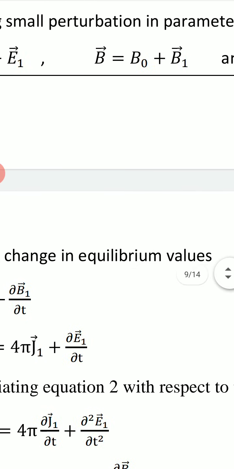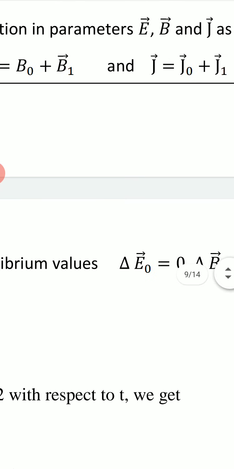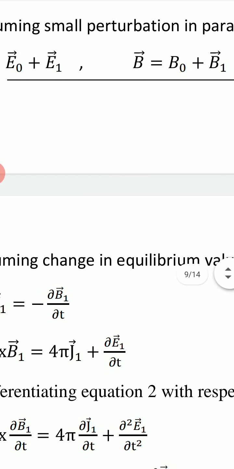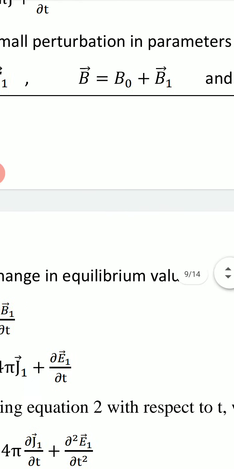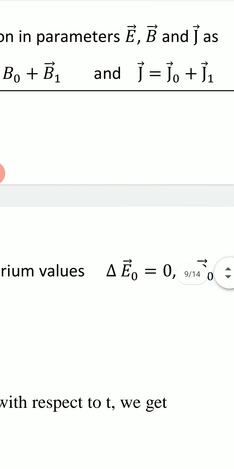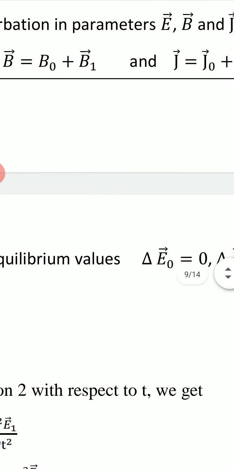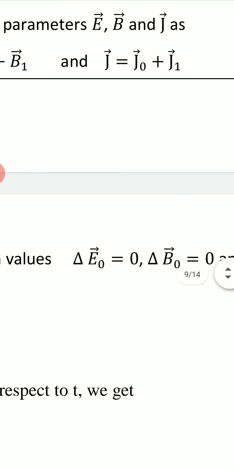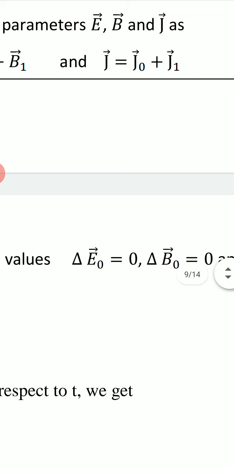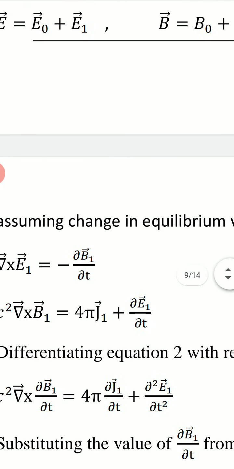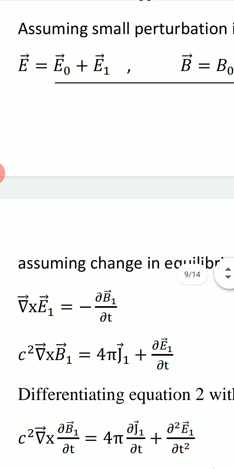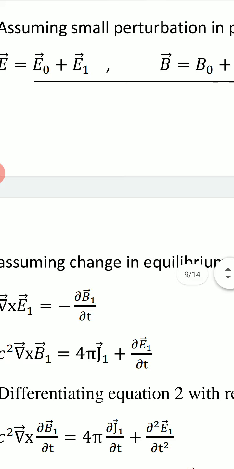These E0, B0 and J0 vectors are the equilibrium values of E, B and J, and these quantities E1, B1 and J1 vectors are small perturbations. These are small changes in their values.